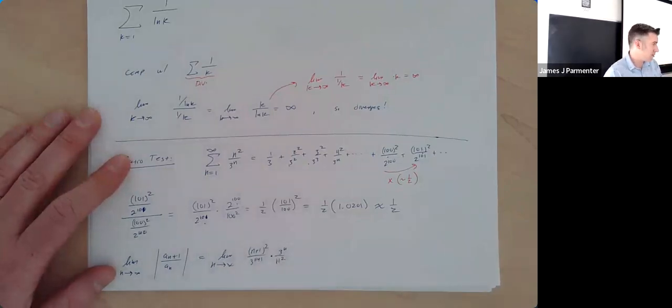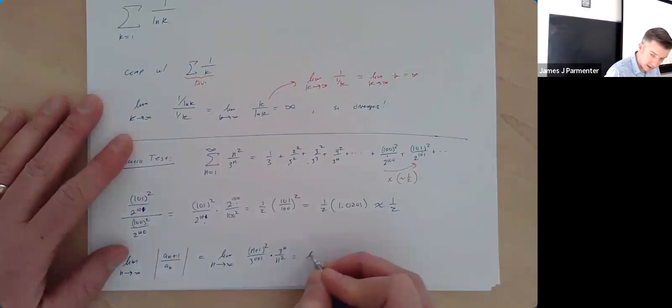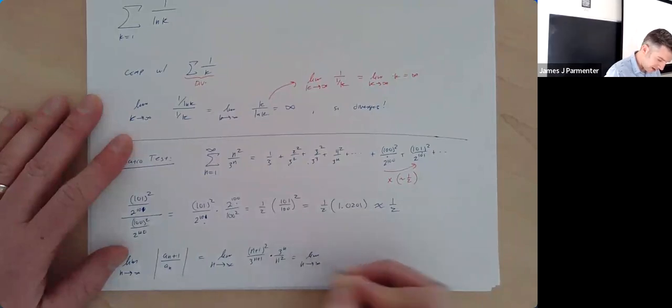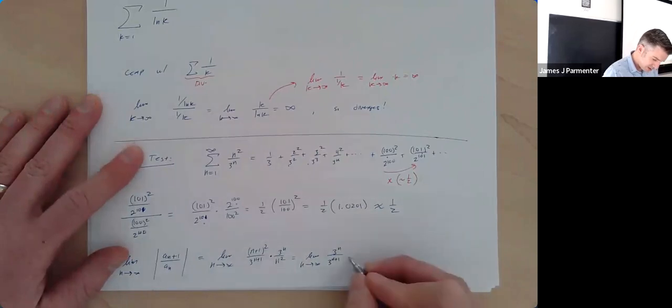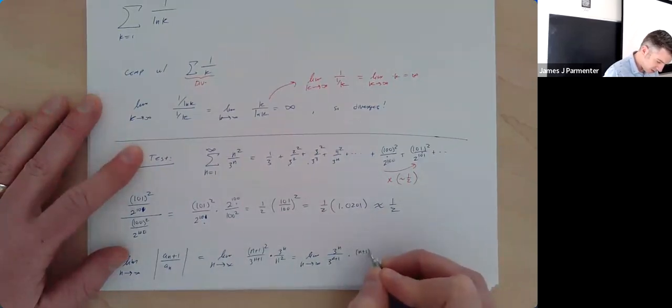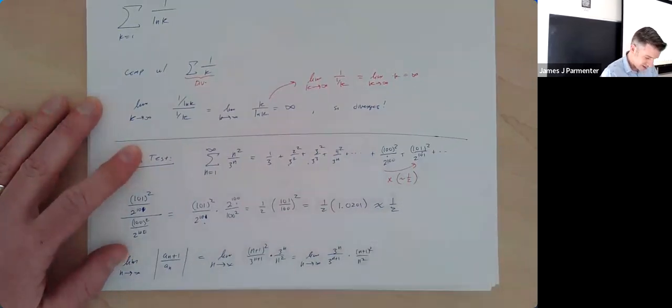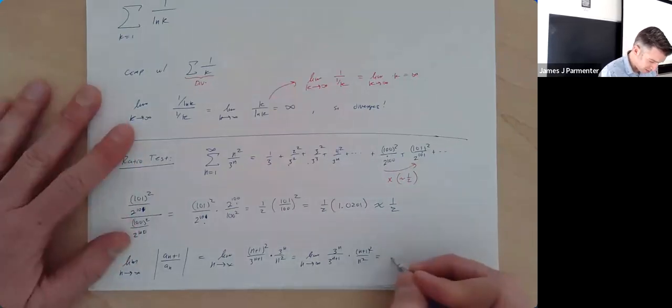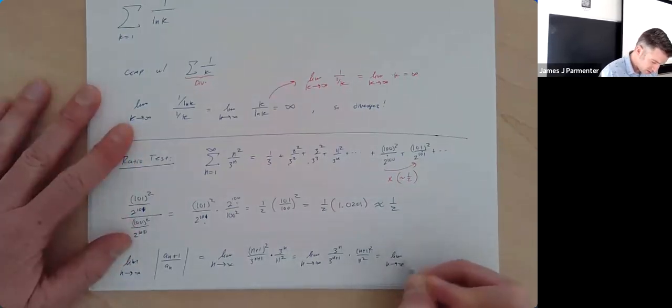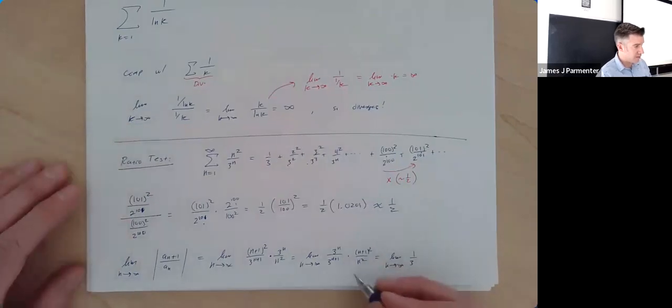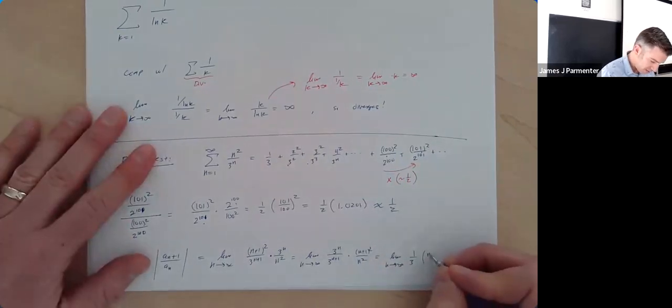Then we group the like terms. We write this as the limit as n goes to infinity of 3 to the n over 3 to the n+1 times n+1 squared over n squared. The 3 to the n over 3 to the n+1 becomes 1/3. And the n+1 squared over n squared is n+1 over n, squared.